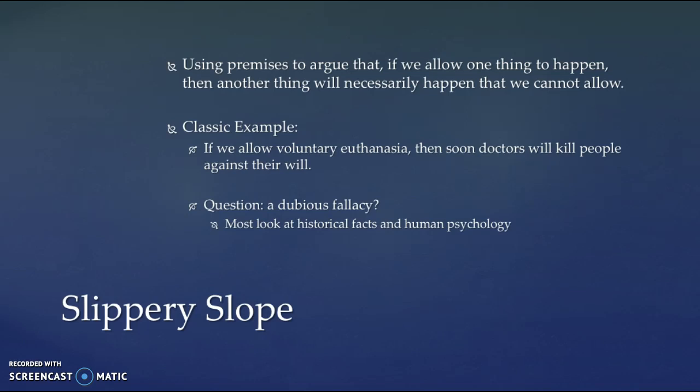Now, I have problems with this fallacy. I find it a dubious fallacy. And I think rather than calling something a slippery slope fallacy, we have to look at the historical facts and human psychology. There is evidence to suggest, for example, that by allowing voluntary euthanasia in the Netherlands, soon doctors were in fact practicing involuntary euthanasia.